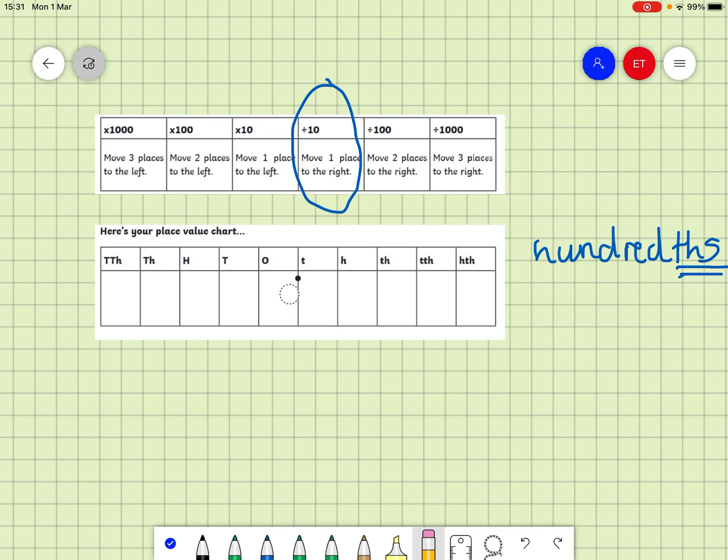So that means that the 2 that was ones is going to be 2 tenths. So you must be thinking, well, what on earth goes in the ones? A 0. So 2 millimetres. Don't know why it keeps doing that. It's my new pen, it's not liking it today.